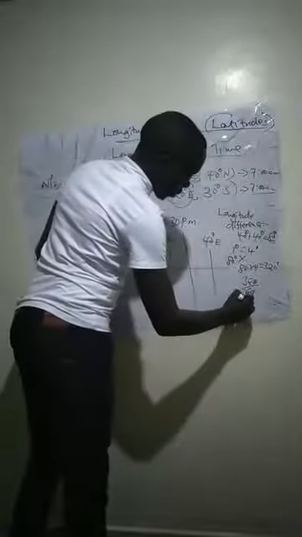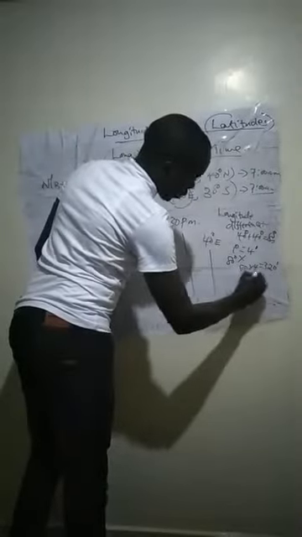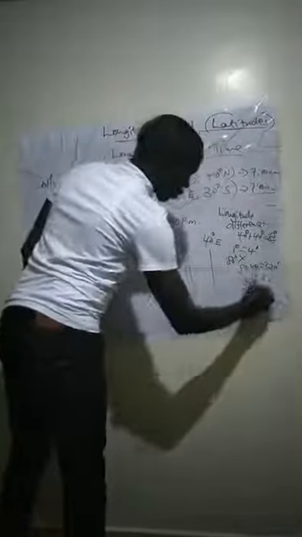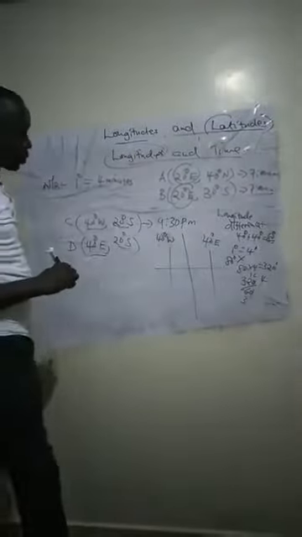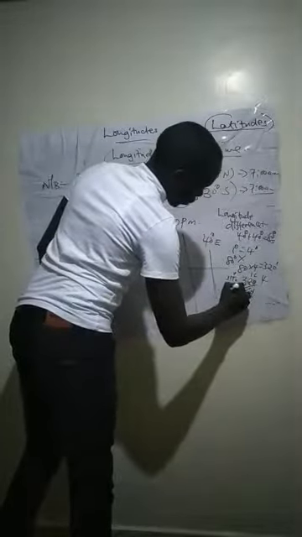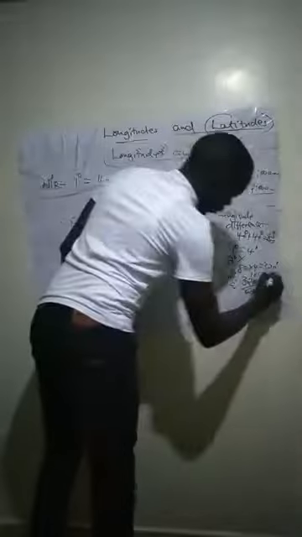You have 16 divided by 3, that is going to be 4 and 3 over 4 hours. So the time difference is 4 and 3 over 4 hours. But you need to figure out which one is ahead in time.